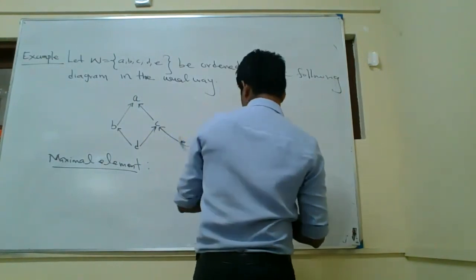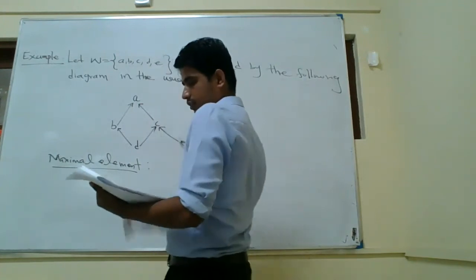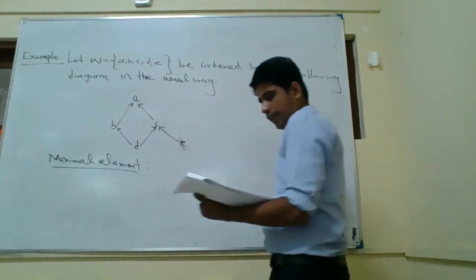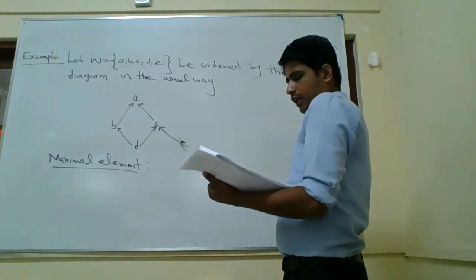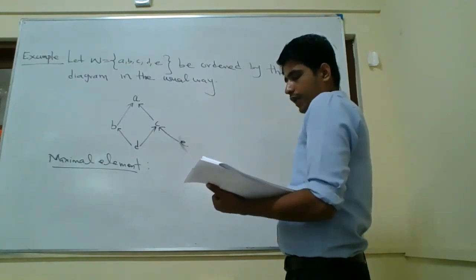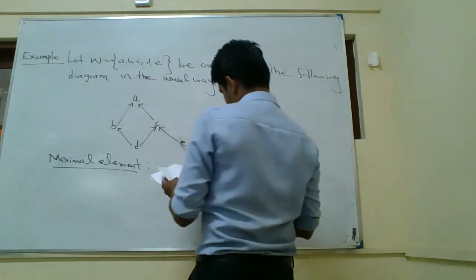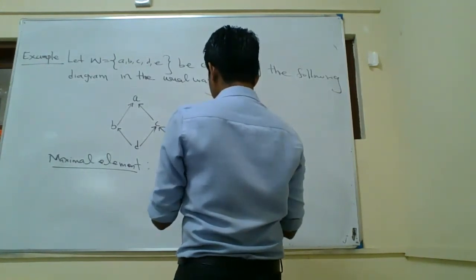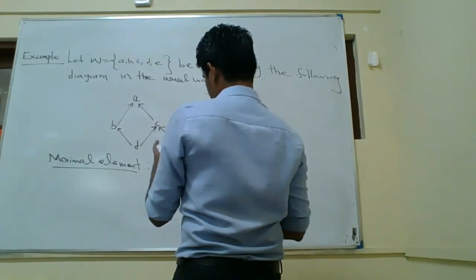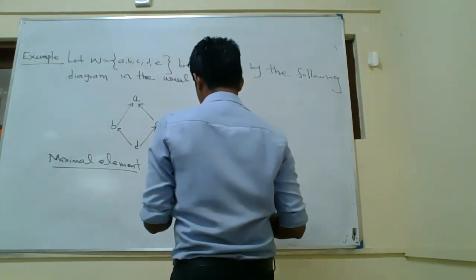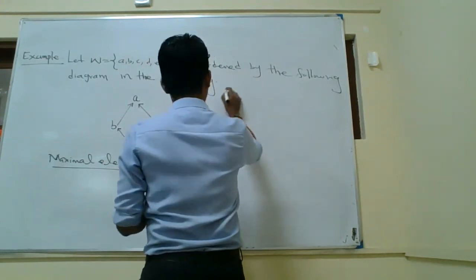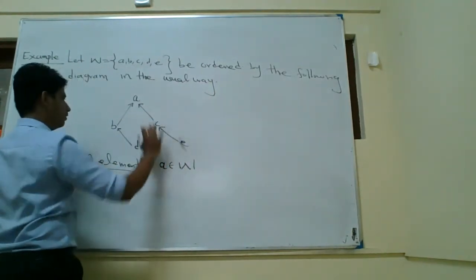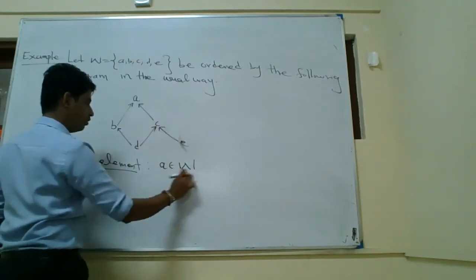Suppose you have an ordered set, and an element A belonging to the set is called a maximal element if A precedes X, then X equals A. Suppose A is your maximal element.